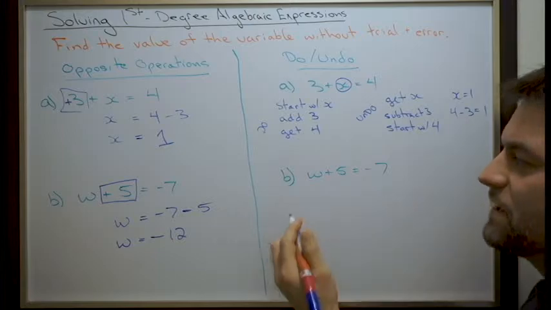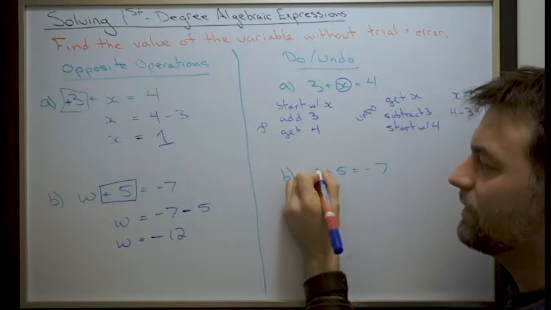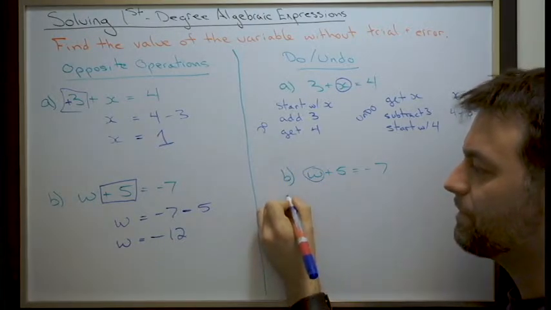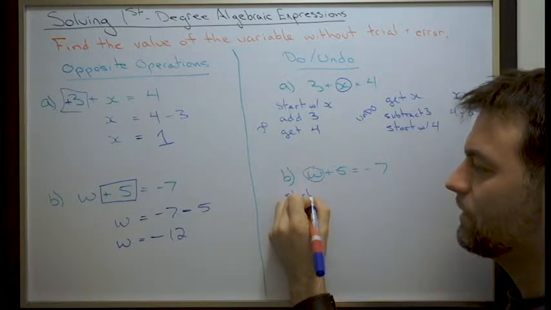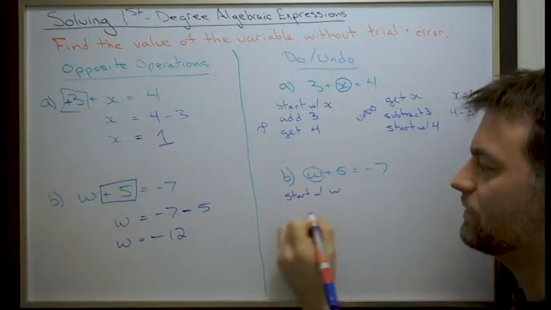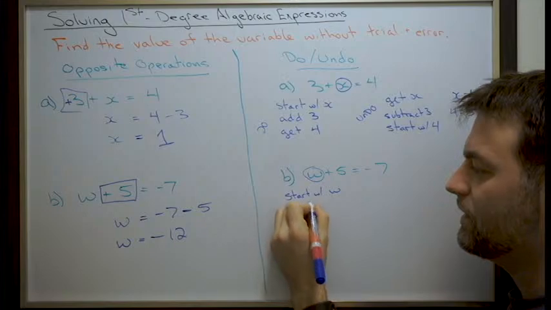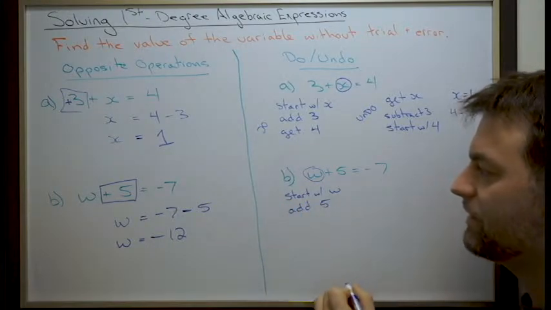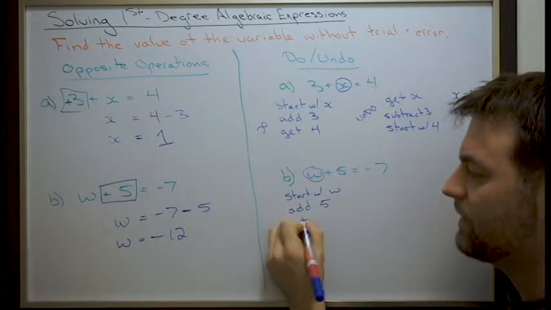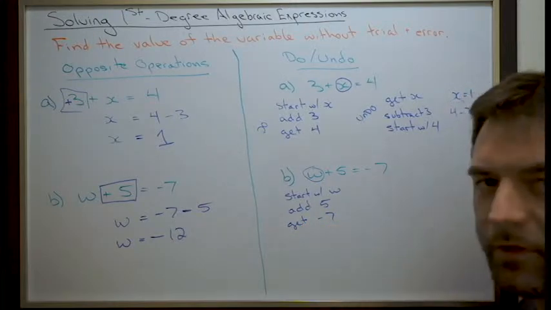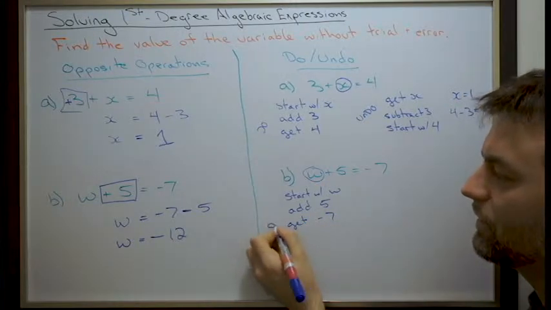So another example here, we always start with the variable. So we start with w, we add 5, and we get -7. So that's our do.